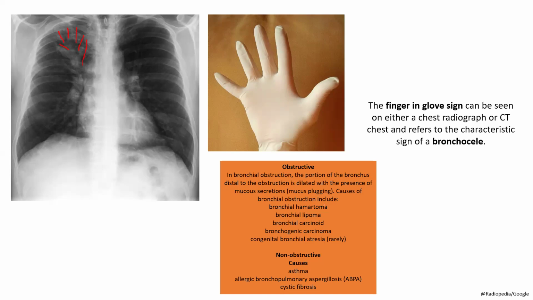So if there is bronchial obstruction because of bronchial hamartoma, lipoma, carcinoid or carcinoma, or maybe because of congenital bronchial atresia, it leads to abnormal accumulation of mucus within the bronchus and formation of bronchocele. Non-obstructive causes of bronchocele are also very important. So there are three main causes of non-obstructive bronchocele: asthma, allergic bronchopulmonary aspergillosis, and cystic fibrosis. So this is finger in glove sign of bronchocele.